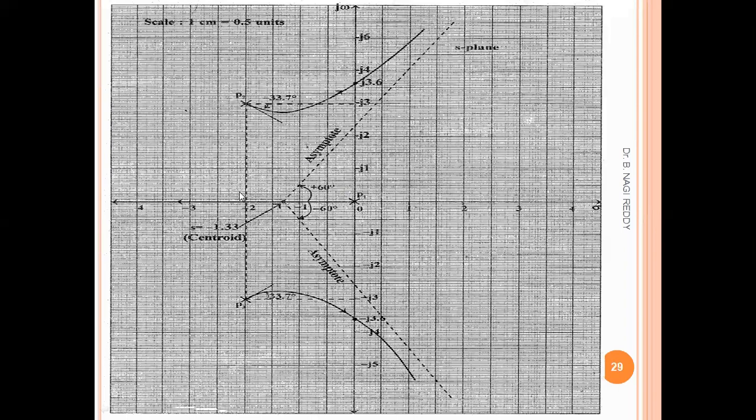You can see this is P2. At P2 you have to place a protractor, and minus 33 means you have to come down. So this is minus 33.7, marked with this small straight line. And this is plus 3.6j, and this is minus 3.6j, which we have got from step number 6, the omega value.